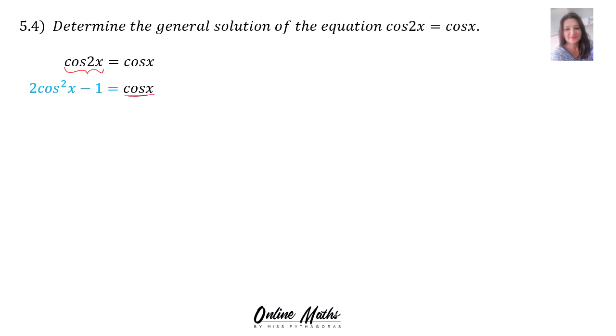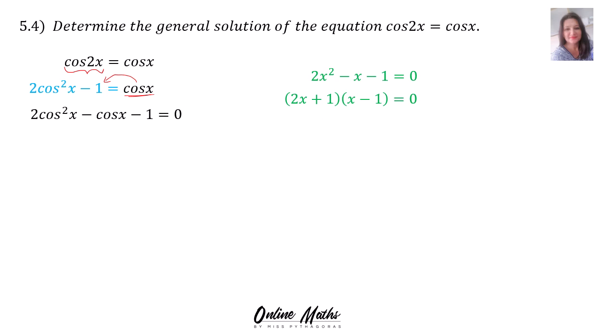Then in the next step, I'll let the cos x walk across, it becomes negative. And then that one is in fact a quadratic equation that you can factorize. So if you have a look at the right hand side, this is that very same thing in algebra. And you can factorize by saying it's bracket (2x plus 1) bracket (x minus 1).